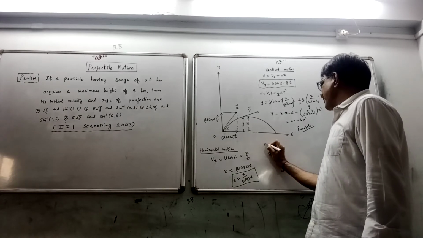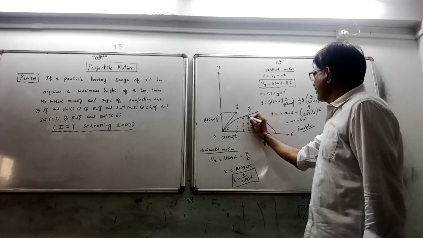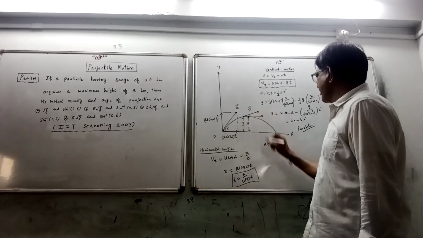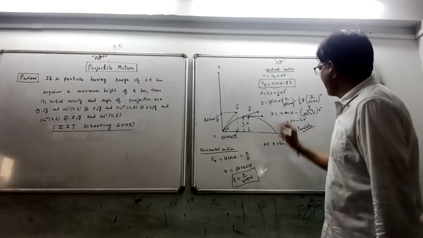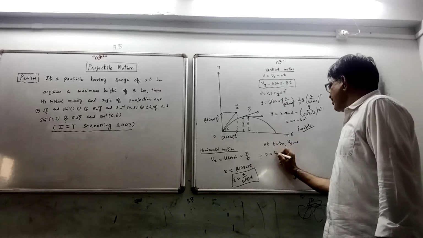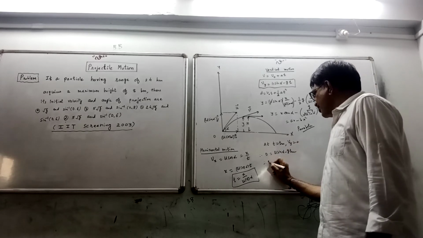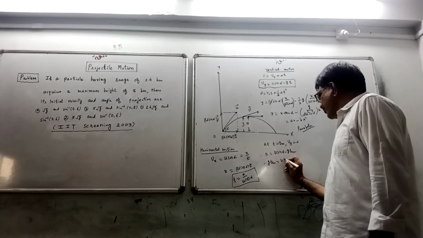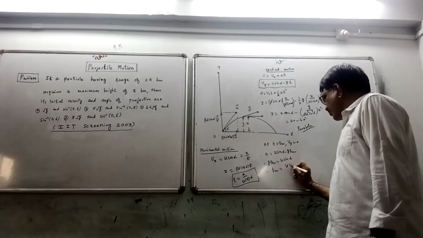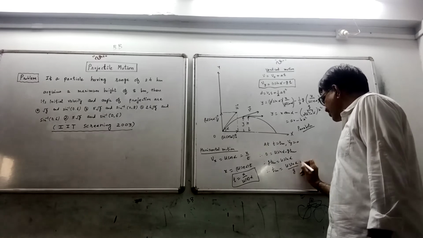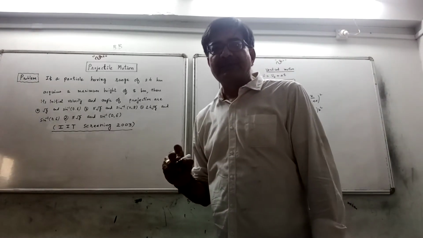At time t equals Tm the velocity will be in the horizontal direction, so vy will be equal to 0. If I put vy equals 0, it will be u sin alpha minus g Tm. So g Tm equals u sin alpha, so Tm equals u sin alpha upon g. That is the time taken to reach the maximum height.